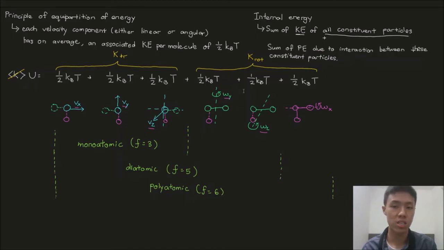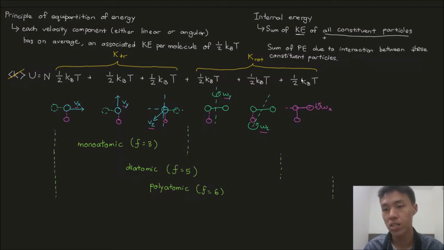Kinetic energy consists of translational, rotational, and vibrational, but that's another issue. We have translational and rotational kinetic energy. But now, since you want the total kinetic energy of the whole gas system, you should take the kinetic energy of one molecule and multiply by the number of gas molecules in the system. That's why you multiply it by n.